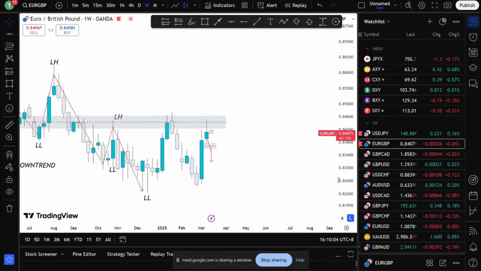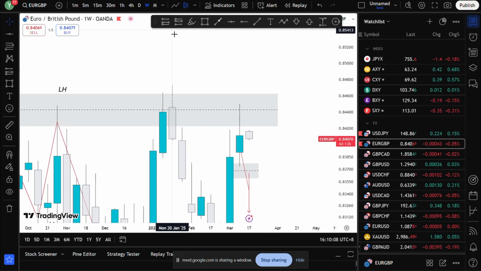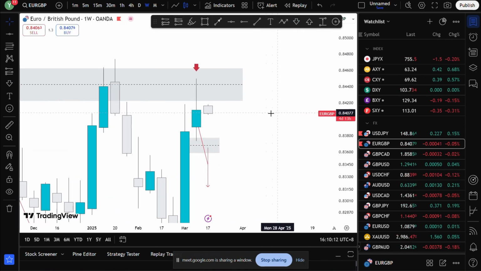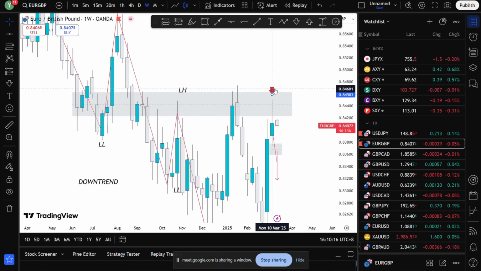In the real time frame, you can see the price actually formed a very strong rejection candle over here. So there might be a possibility that we will enter a trade on EURGBP, but not yet. We will just wait for more confirmation in the smaller time frame.